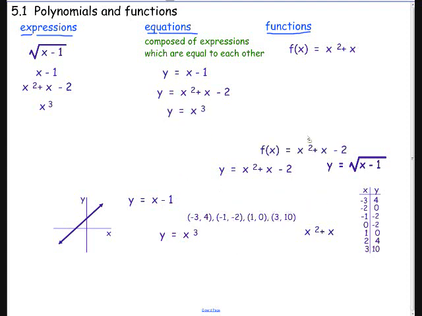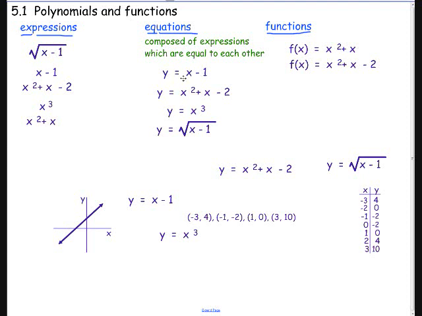This is a function because of the functional notation. We know that. Oh, look, I missed this expression over here. All right. So I think I've got all my expressions now. Oop, here's another equation. Expressions, equations, functions.